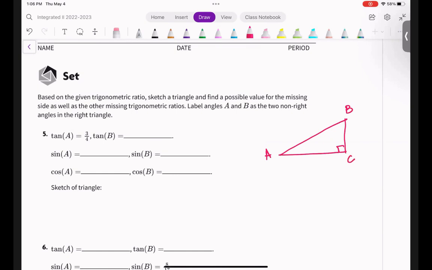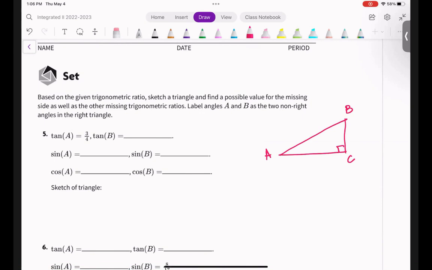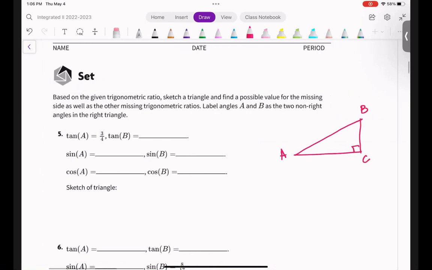So when I label them, now everything that I write has to go in perspective of what I write. So when it says the tangent of A equals 3/4, what should your brain be thinking? Well, I know what tangent is. What's tangent again?